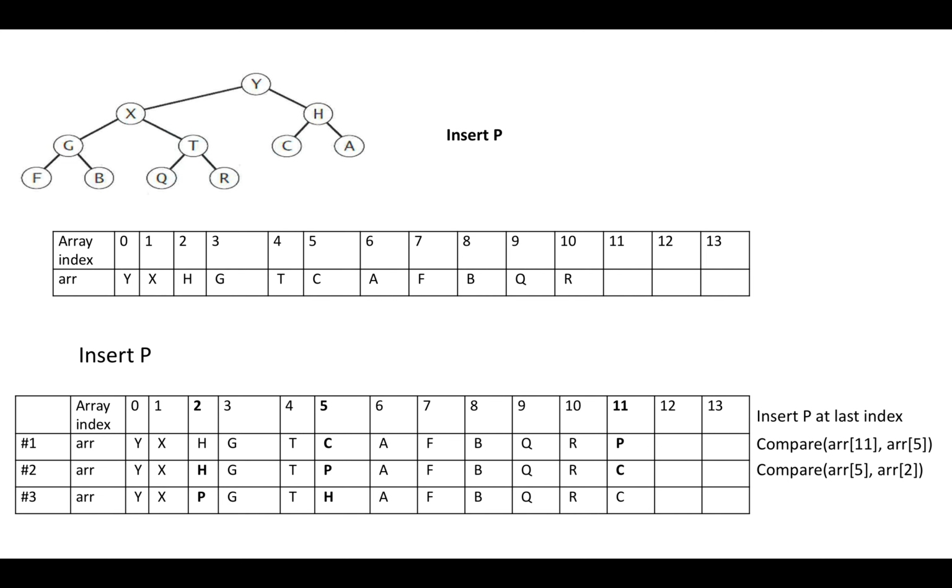So in the last class, what we saw was the enqueue operation. Here I have written insert P, and that's basically the enqueue operation on the priority queue, and the new item is P that should go into this max heap.